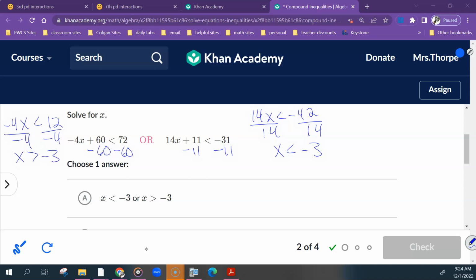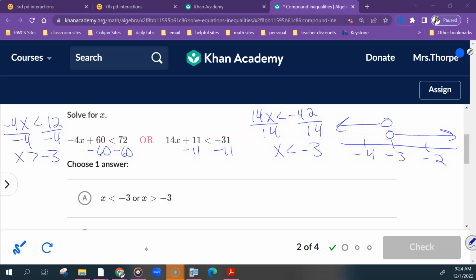And then again, graph your number line. Here, these both happen to be the same number. One is saying that it's greater than. The other is saying it's less than.